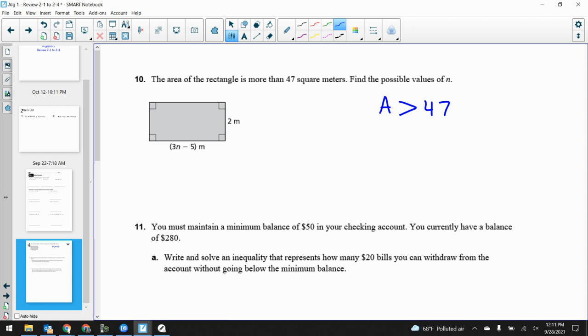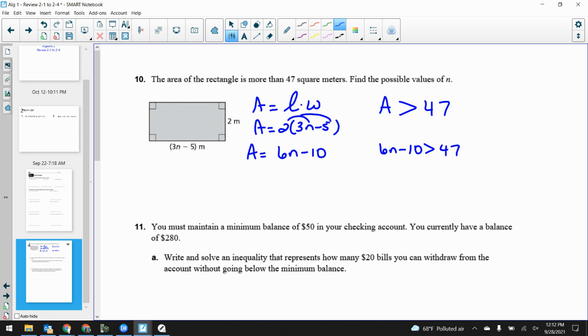So area in this case is equal to 2 times 3n minus 5. Distributing the 2, my area is 6n minus 10. Well, if my area is 6n minus 10, and it needs to be greater than 47, then 6n minus 10 has to be greater than 47.